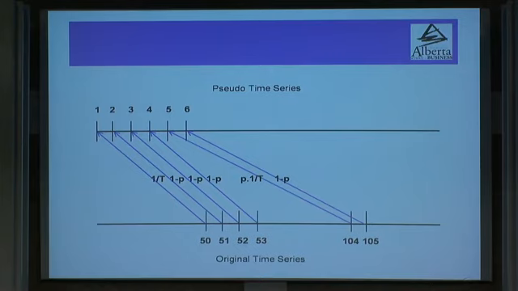Then with probability 1 minus p, the next time point in our pseudo time series is the next time point in the original time series, and we keep on going like this. By specifying that p is, say, 0.05, the mean block size will be 20.